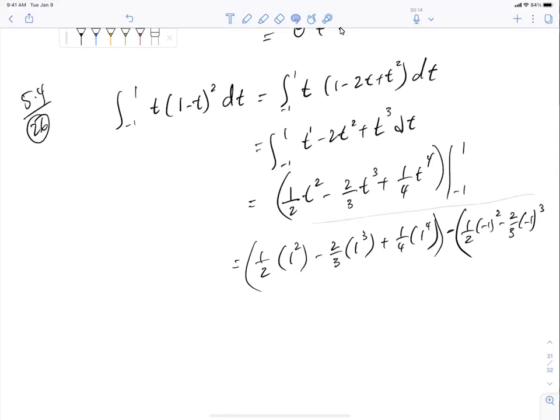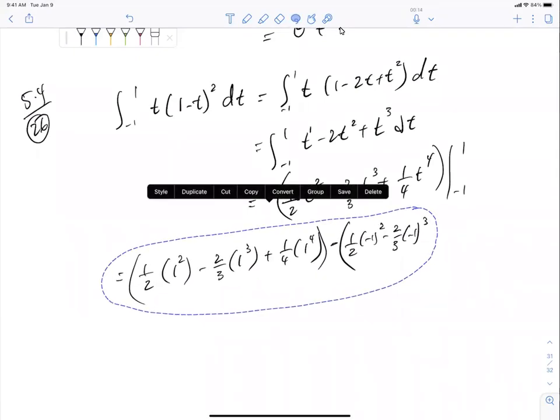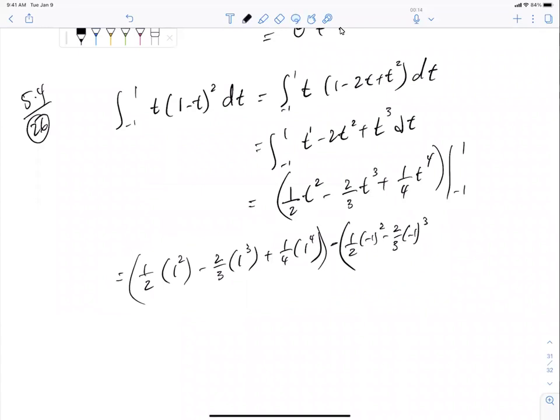I think I need some space here. Plus 1/4 times (-1) to the 4th. So I have 1/2 minus 2/3 plus 1/4 minus 1/2 minus 2/3 plus 1/4 minus 1/4.